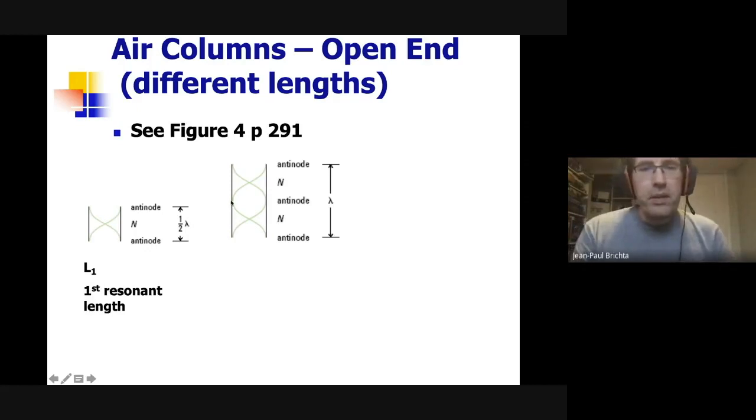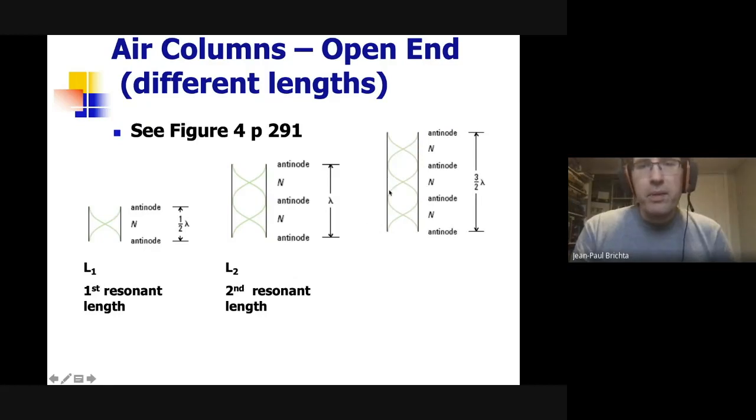If you make the tube a little bit longer, then you can fit in 4 of these, right? So 1, 2, 3, 4, that's 4/4 of a wavelength, or in other words, 1 complete wavelength. Okay, that's the second resonant length. If you make the tube a little bit longer, and again you count, 1, 2, 3, 4, 5, 6, 6/4 or 3/2 equivalently of a wavelength is what will fit into this tube.